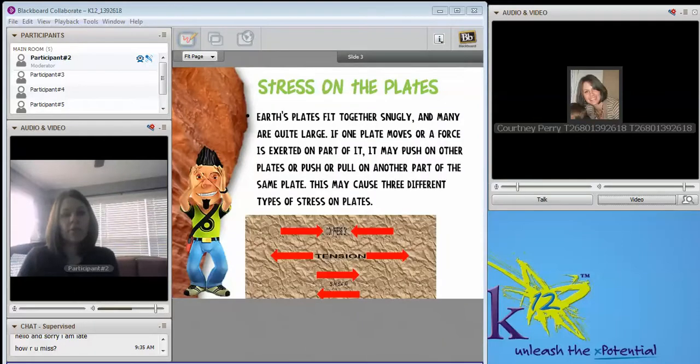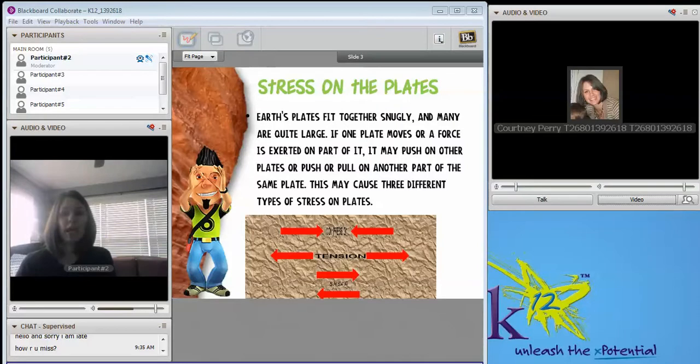So, stress on the plate. We know that there are 12 main plates that make up the tectonic plates within the earth, and then there are a lot of smaller ones. But all these plates fit snugly together. Many are quite large, such as North America, which sits on one huge plate that's actually bigger than all of North America.